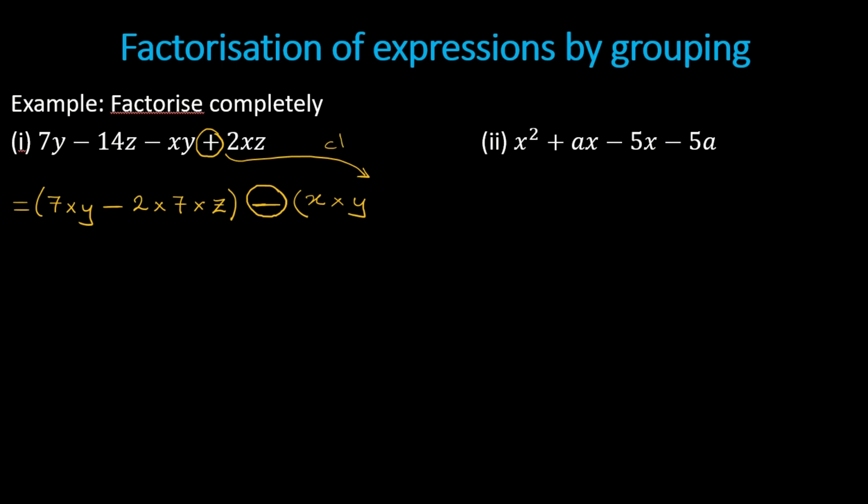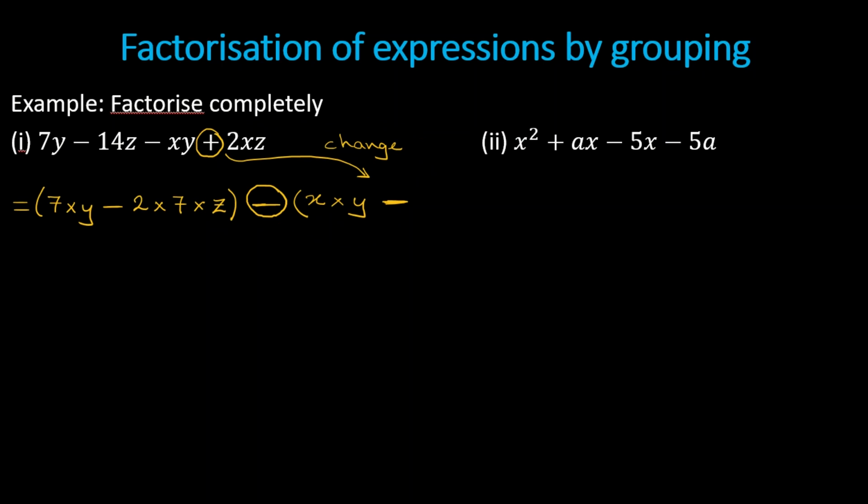The following sign has to change. Positive becomes negative. Why do we change it? Because minus times minus is going to give you plus. We have seen this in the first type of factorization, yes or no?